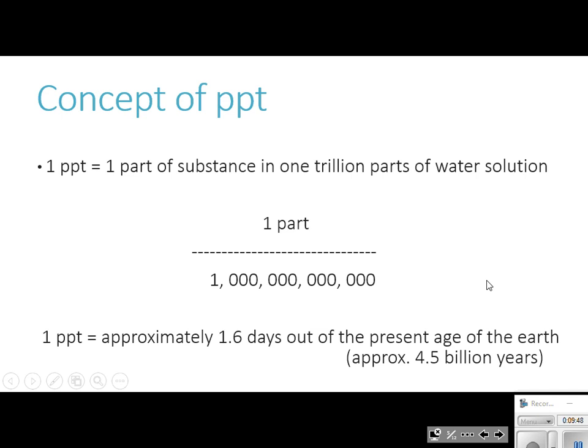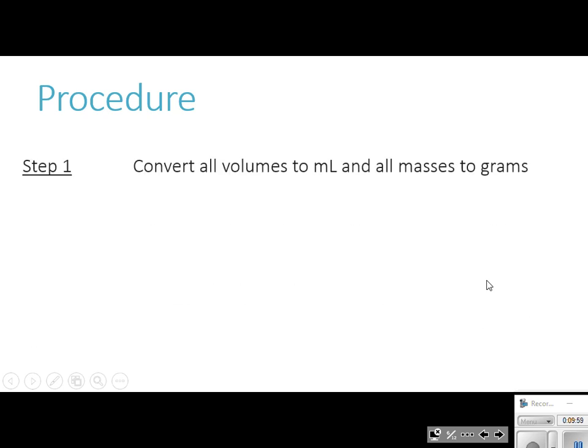So, what does this whole concept of these things mean? Well, we've got to be able to calculate these when we need them. So there are certain steps we have to take. And those steps involve, first of all, converting all volumes to milliliters and all masses to grams. Step 1 says to convert all volumes to milliliters and all masses to grams.